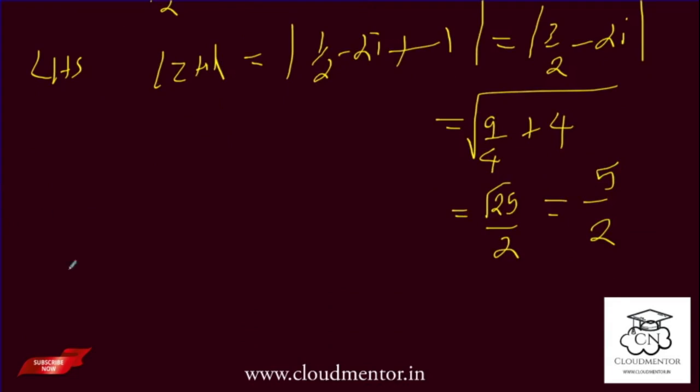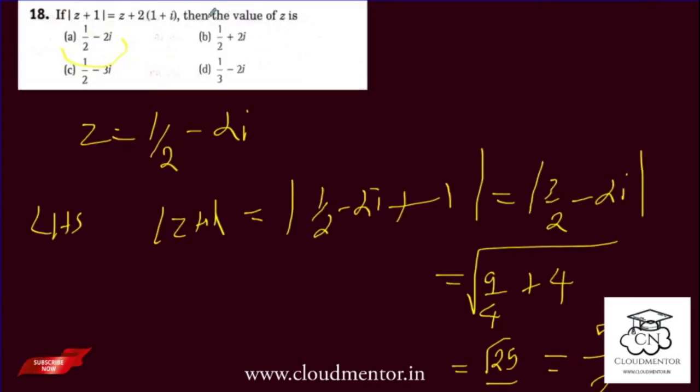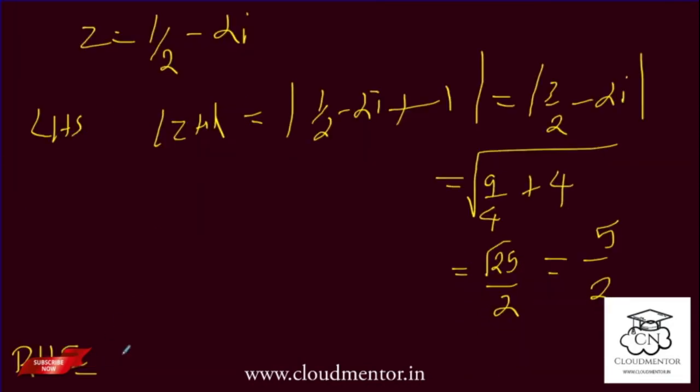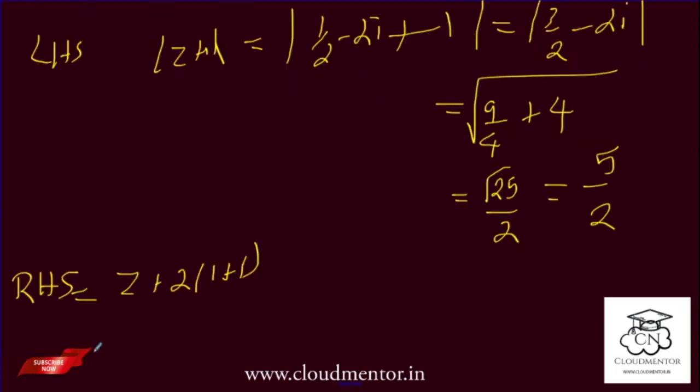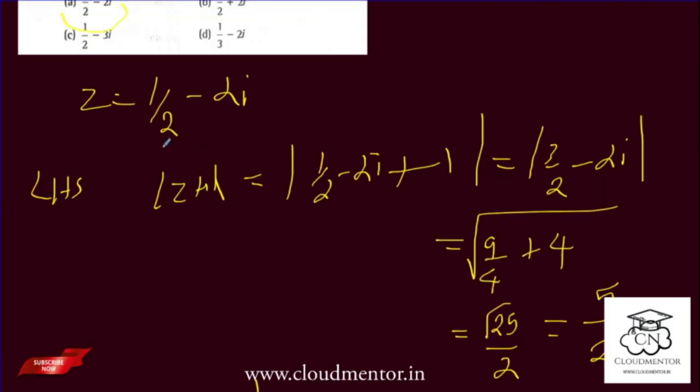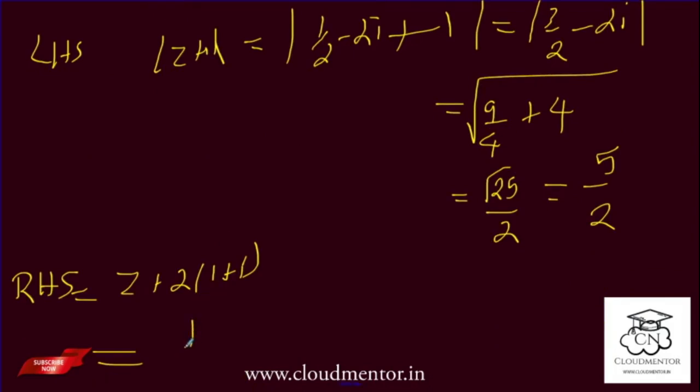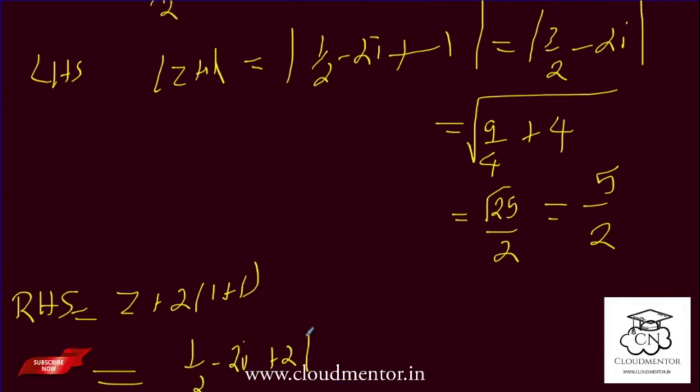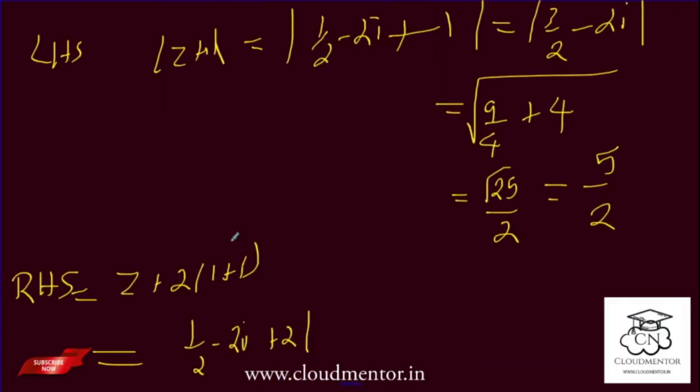We got 5 by 2 as LHS, and now we get RHS. RHS is z plus 2 times (1 plus i), and I am applying the result here. Z is 1 by 2 minus 2i, so 1 by 2 minus 2i plus 2 times (1 plus i).